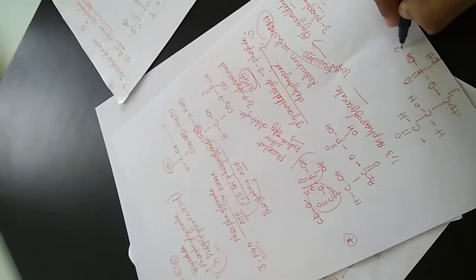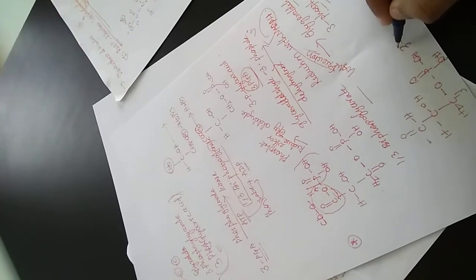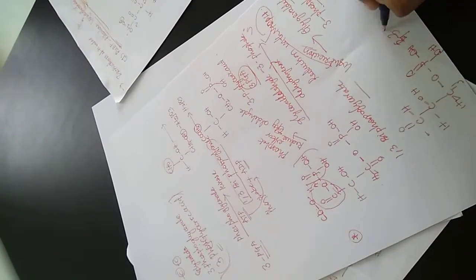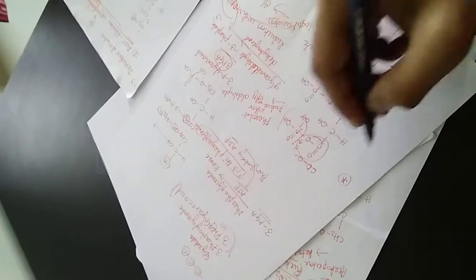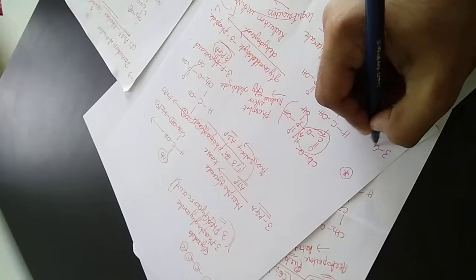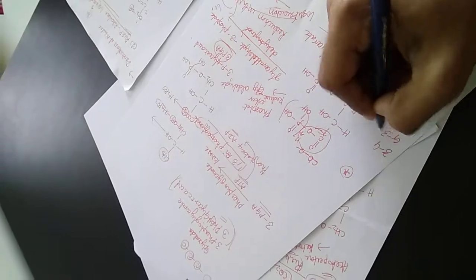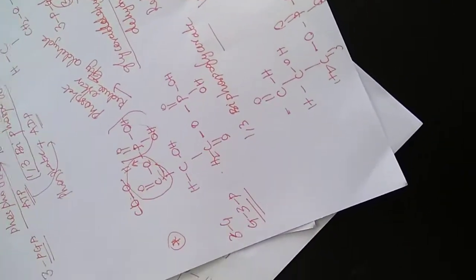So this is called G3P, glyceraldehyde 3-phosphate, one of the most important and most useful intermediates or products formed in carbon fixation.